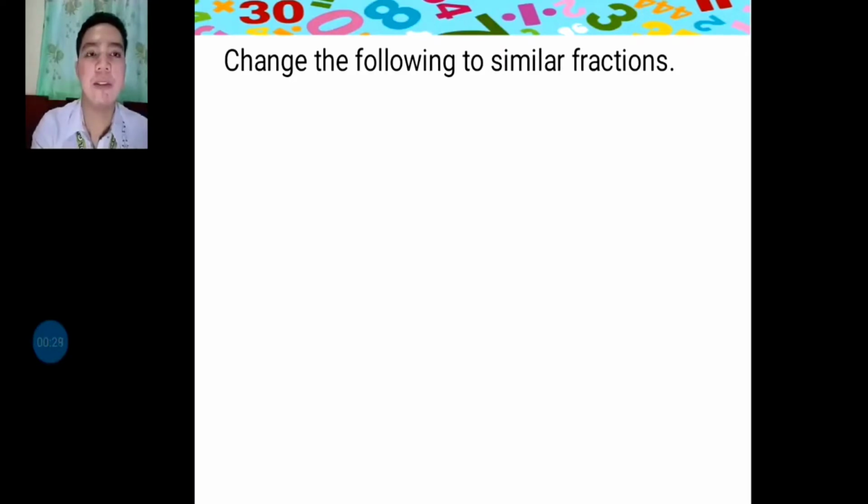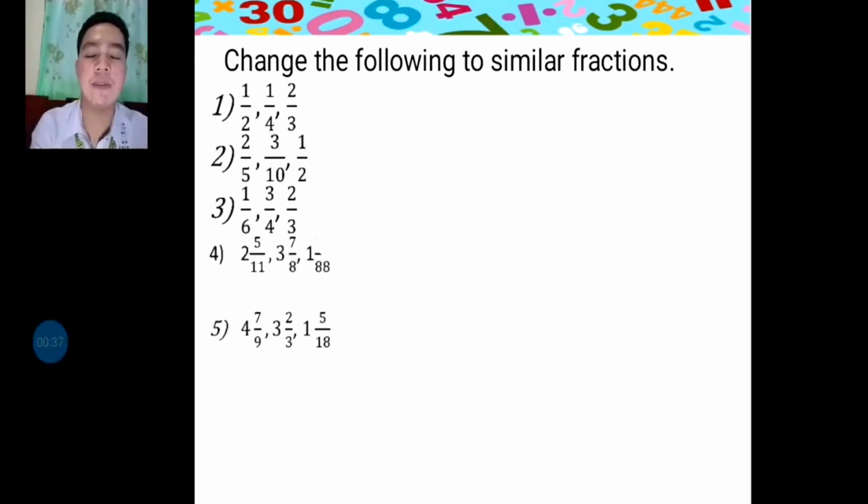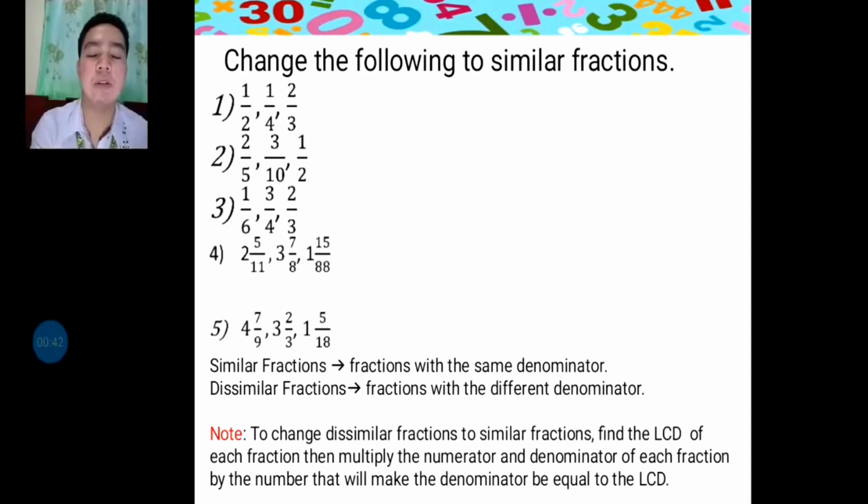Are you familiar with changing dissimilar fractions to similar fractions? So suppose we have this given. For you to be aware, similar fractions are fractions with the same denominator, and dissimilar fractions are fractions with different denominators.